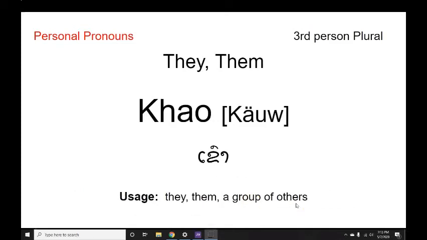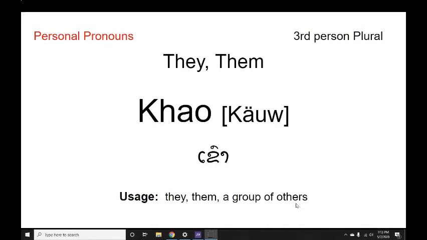Now here's another way of referring to they or them, just the word cow by itself. Okay? So we have puak how, which is we or us. Then we also have that it can stand alone as just how.